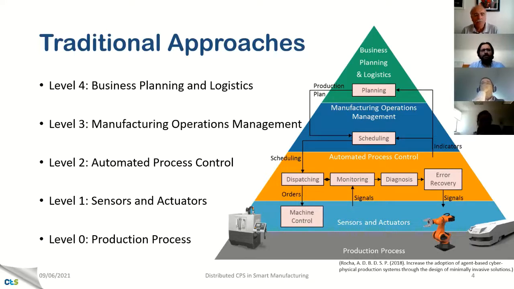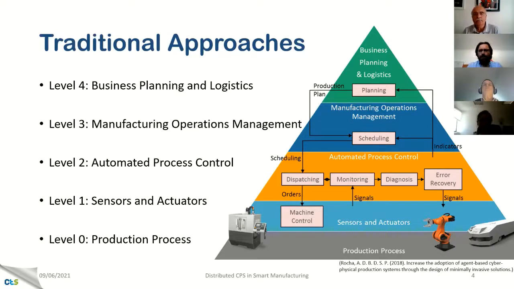As I said, currently the factories are operating with this very rigid and monolithic approach, where we have these 5 layers. The first layer is focused on PLCs and machine control. Then we have the process control with the standard supervision approach with dispatching, monitoring, diagnosis, and so on. On top of it, we have manufacturing execution systems and ERPs that deal with the operations management and the planning and logistics.